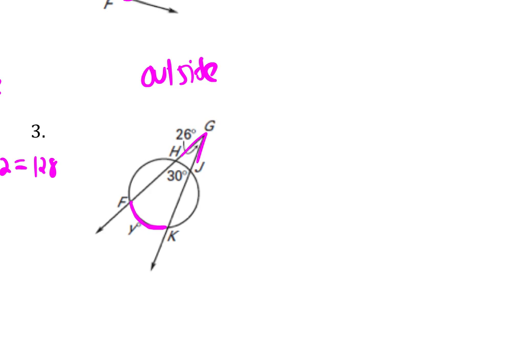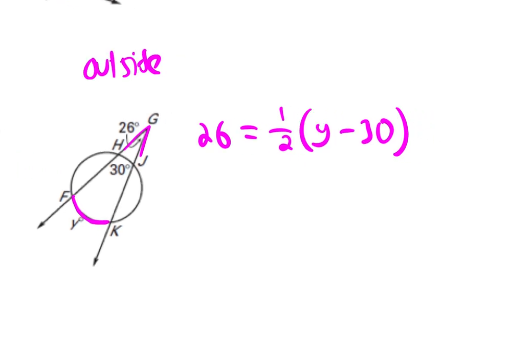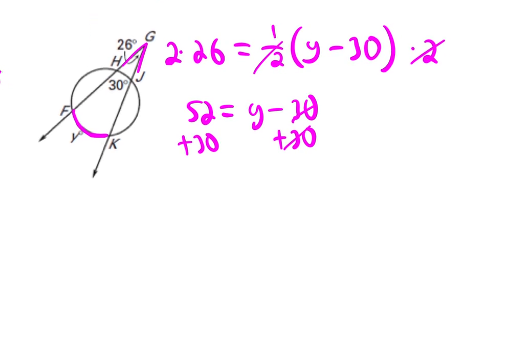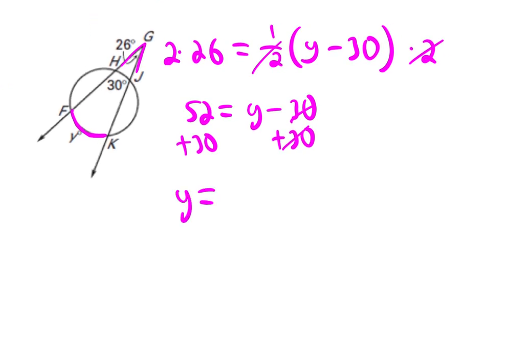So 26 equals 1/2 of y, the big arc, minus 30. How do we undo this 1/2? We do times 2. So 52 equals y minus 30. Add 30, and we get y equal to 82 degrees.